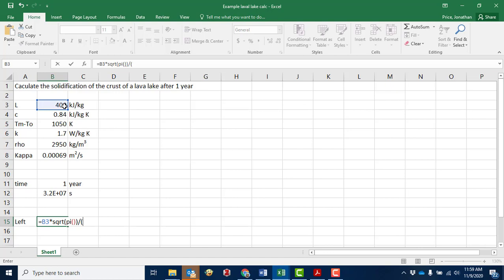And then I'm going to put the denominator in brackets so it doesn't get lost. And in the denominator, I needed the specific heat, so I'm going to take that, and then I'm going to multiply it by the difference in temperature. So difference in temperature is right there in B5. Close that together, and I get a left side of the equation that is 0.80383.